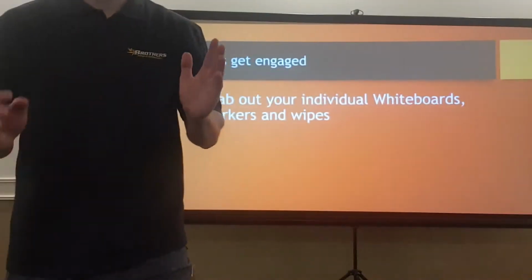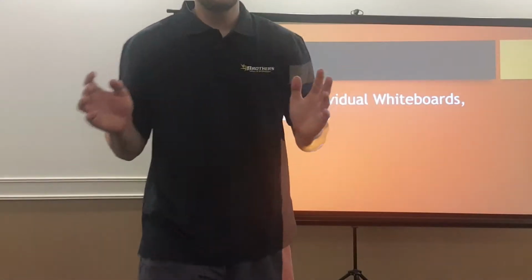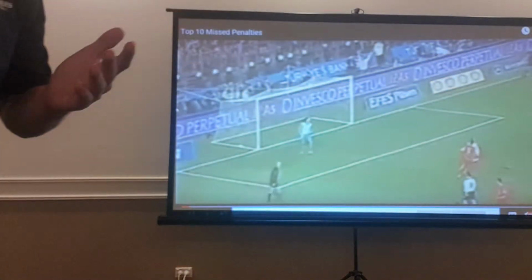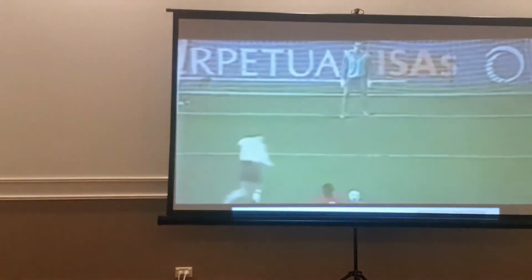Alright, so I want everyone to grab out their individual whiteboards quickly. We're going to have a look at some videos. So while these are going on, I want you to recognise what is happening to these athletes, okay?